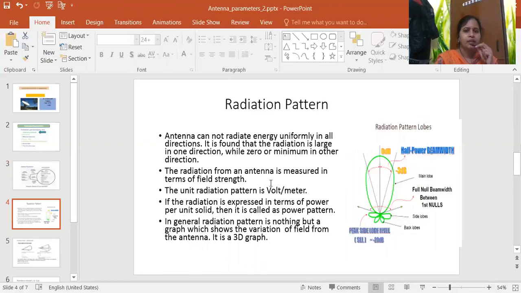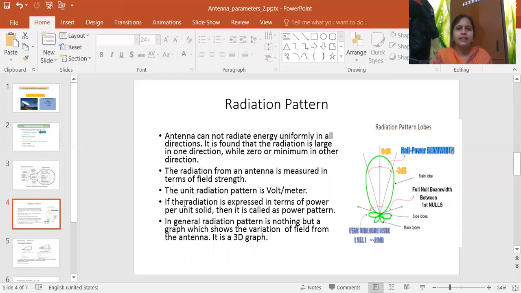So, what is radiation pattern? An antenna cannot radiate energy uniformly in all directions. It is found that the radiation is large in one direction while zero or minimum in other directions. The radiation from an antenna is measured in terms of field strength. The unit of radiation pattern is volt per meter.